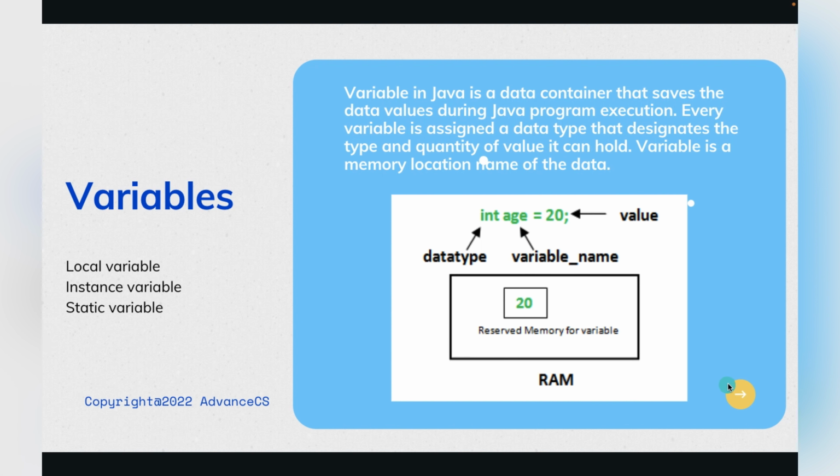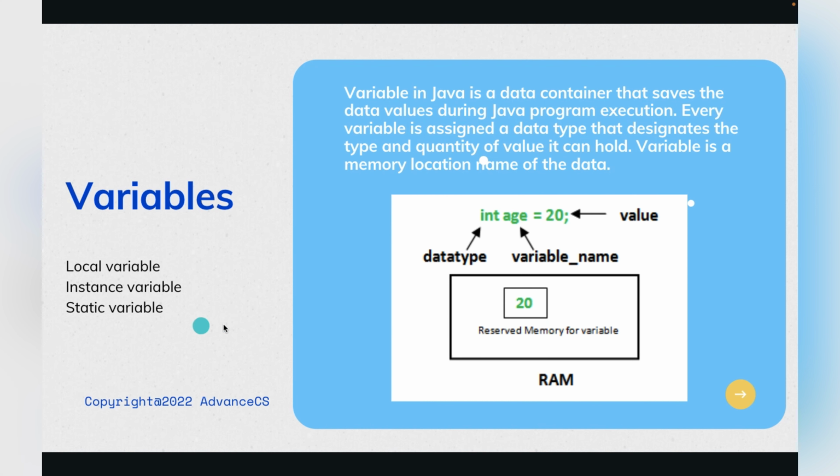Here is a small diagram: this rectangle is the RAM in the computer, and the small rectangle inside holds the value 20. This is nothing but a variable.